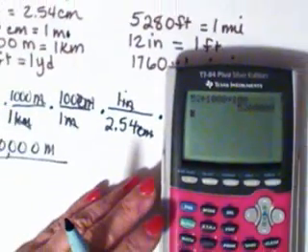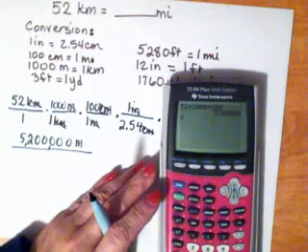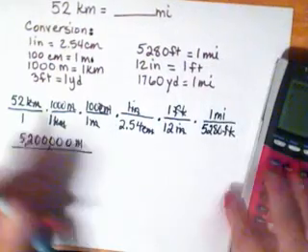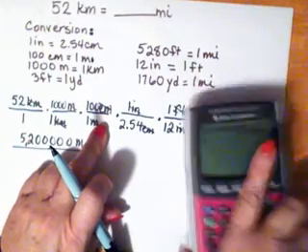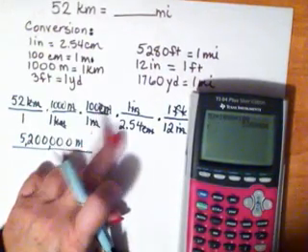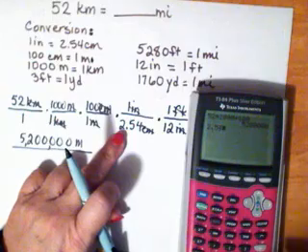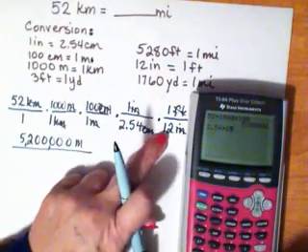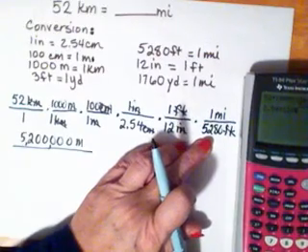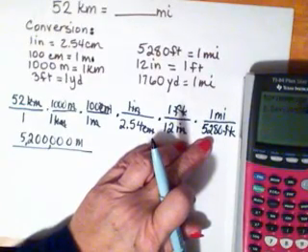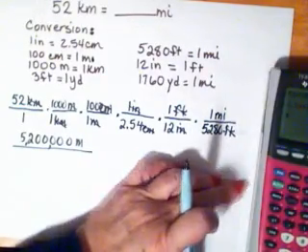Now, in the denominator, let's zoom back out a minute. In the denominator, I've got all these ones, and then I have 2.54 times 12 times 5,280.